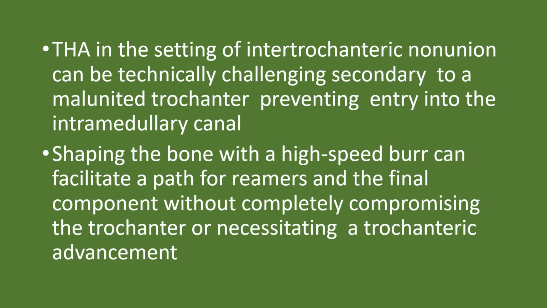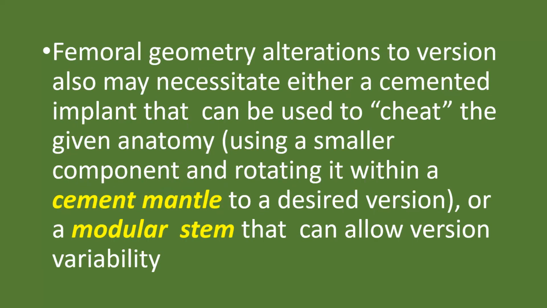Shaping the bone with a high-speed burr can facilitate a path for reamers and the final component without completely compromising the trochanter or necessitating a trochanteric advancement. Femoral geometry is very important.